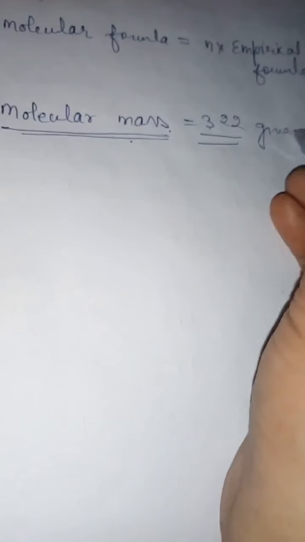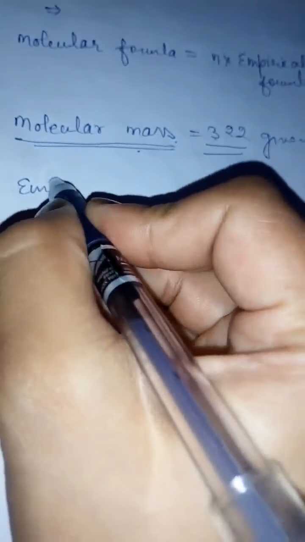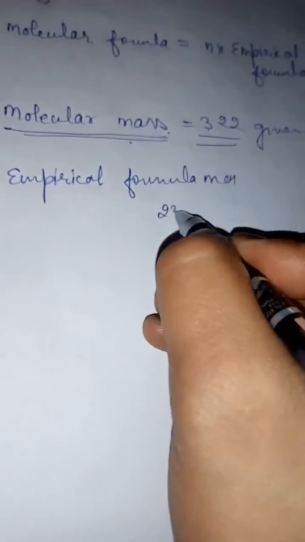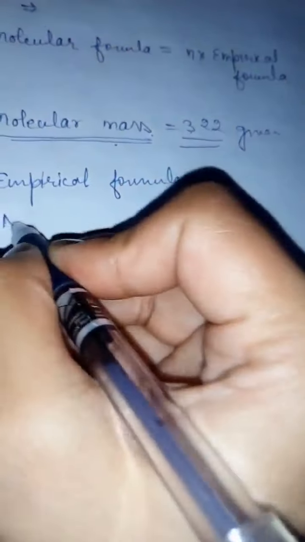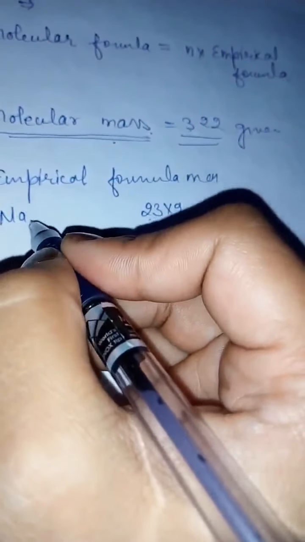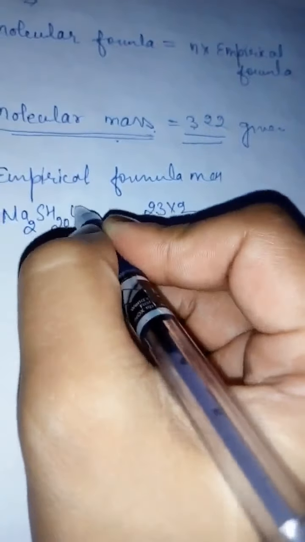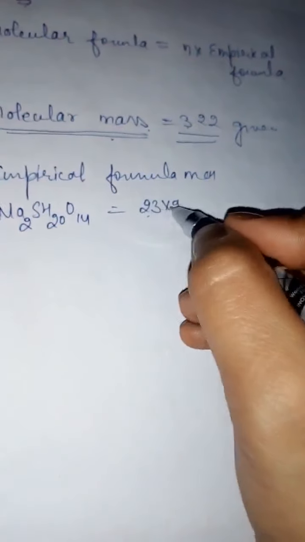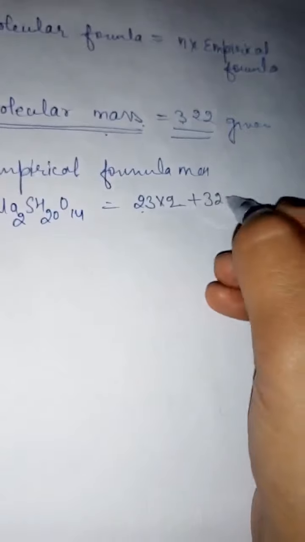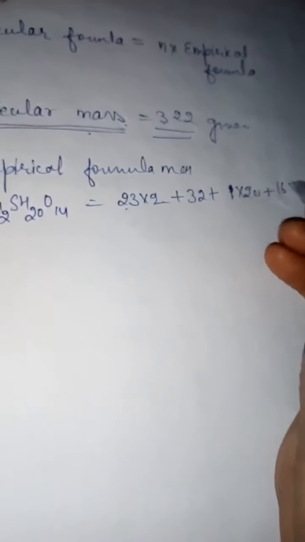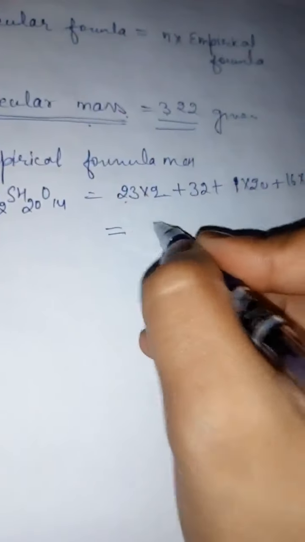You can also calculate the empirical formula mass. It is 23 multiplied by 2, because we have written the empirical formula Na2SH20O14. So it will be 23 multiplied by 2 plus 32 plus 1 multiplied by 20 plus 16 multiplied by 14. So it will come 322.